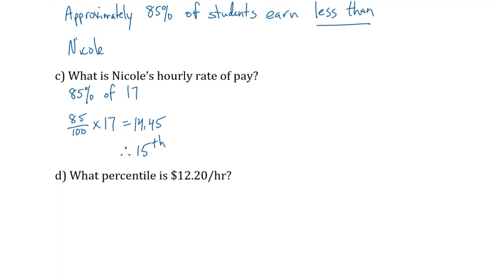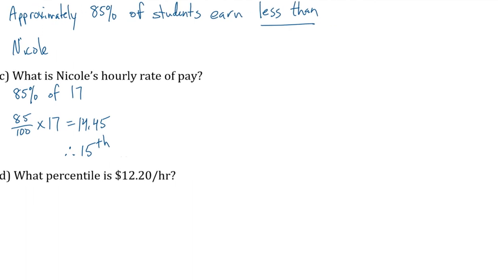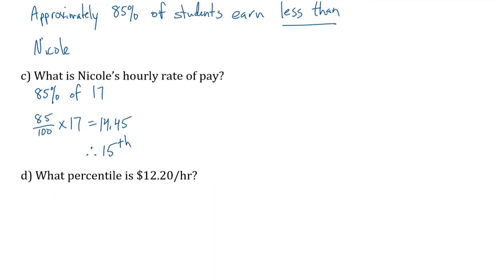Now, I think one of the main reasons, at least for me, why this is kind of weird and kind of tricky is because we have so few data points. Often in percentiles, the first place you might encounter this is if you take any kind of proficiency test. So like they used to do IQ tests, they don't really do those anymore, but they still do things that are similar to them.